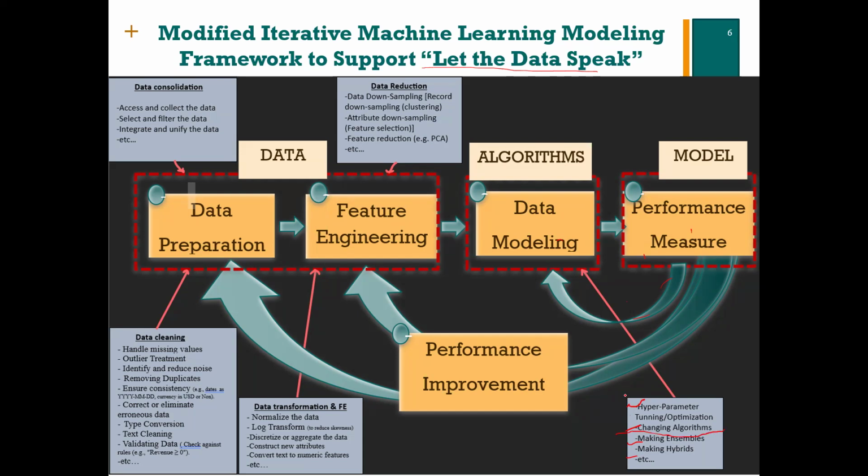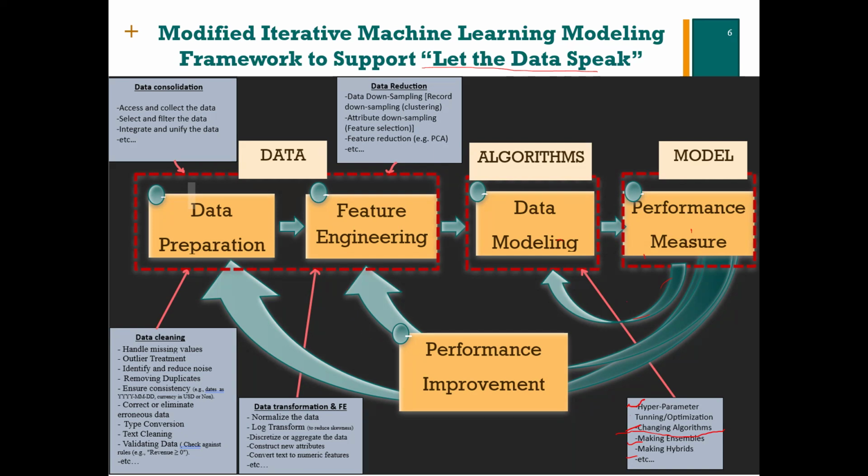Don't go to ensemble straight. Hyperparameter tuning, hyperparameter optimization, is compulsory. Once you are done with that, you may need to change the algorithm. Maybe decision tree is not working. What about k-nearest neighbor? What about support vector machine? Keep trying options. Then you may go back again.